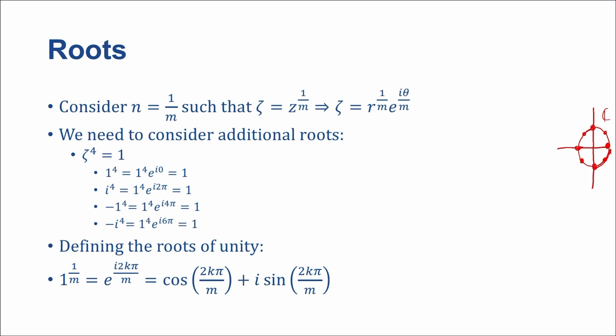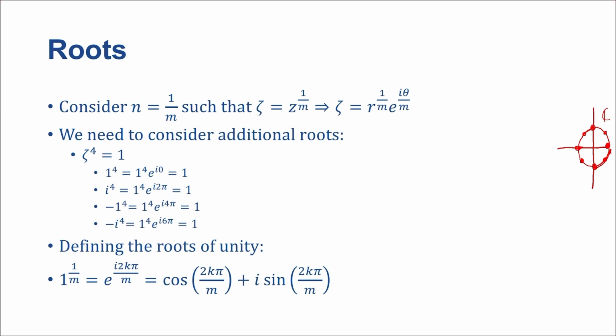Okay, so, for example, cosine of 2k pi over m plus i sine 2k pi over m is going to be the kth example of the mth root of unity. So k is some number that's going to run between 1 and m. And then m is going to be the root of unity that we're looking for.